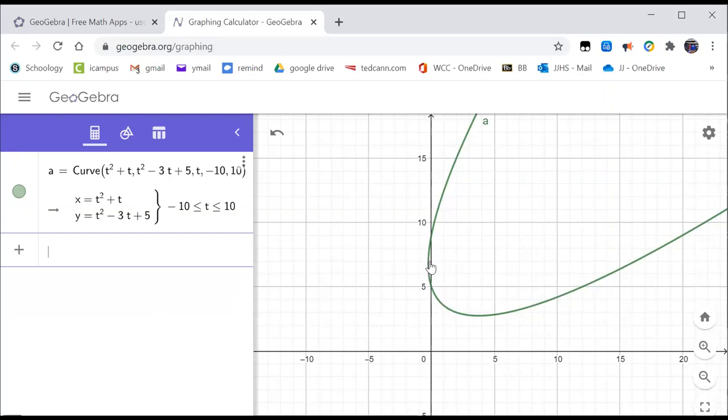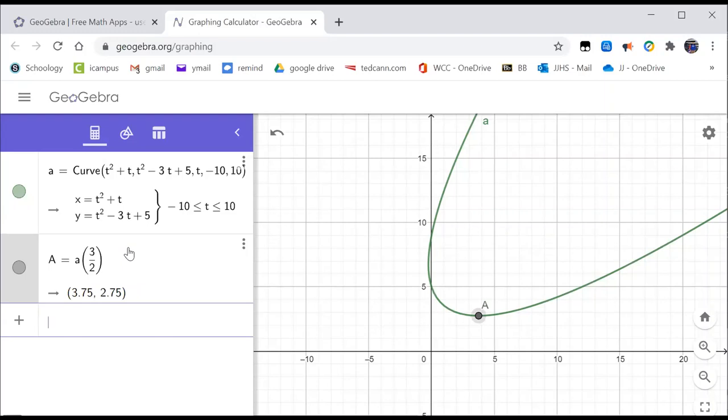For the vertical tangent, I should be around right here, and just eyeballing it, that looks like it could be negative 1/2. So I'm going to take my function, which is now defined as a, and using function notation, that's a good thing about GeoGebra and Desmos, I'm going to type in a of 3/2 and hit enter, and it put that in coordinate form for me of 3.75 and 2.75.